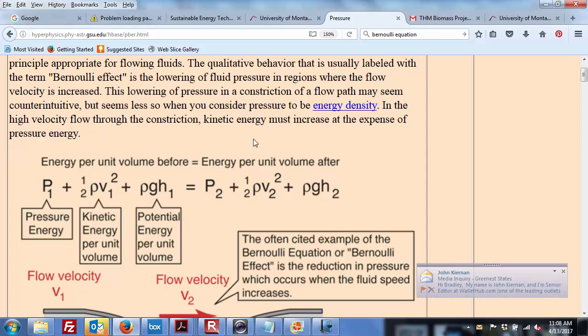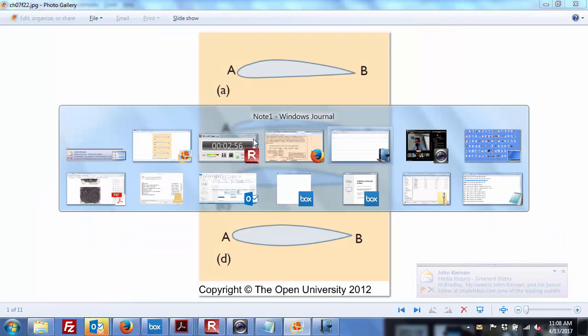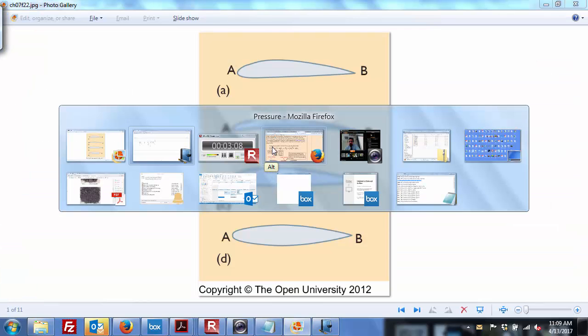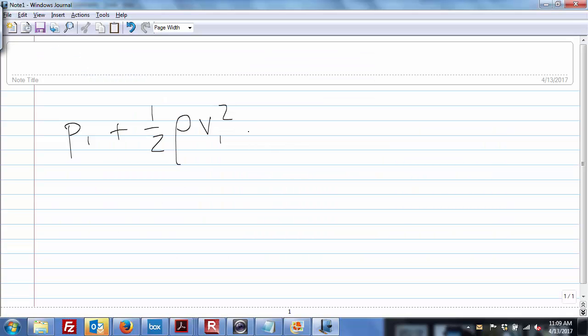So P1 plus 1/2 rho V1 squared. So P, I'm going to use little p, 1 plus 1/2 rho V1 squared plus rho gh1 equals P2, and be careful that you're writing your P's as P's and your rhos as rhos.